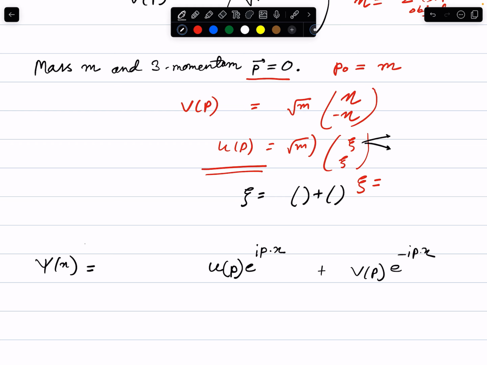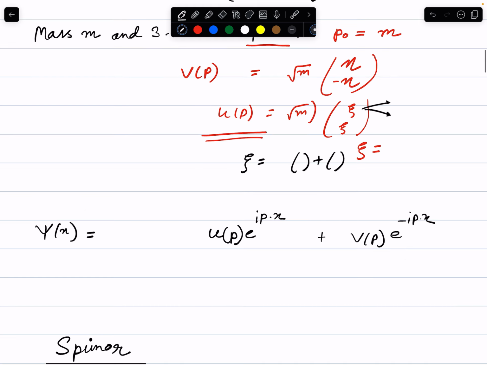So it could be plus half or minus half. So we give here a spin index corresponding to that. So spin, and there's a sum over s, which is plus minus 1. This corresponds to this freedom. When I am specifying u, I can choose xi as any linear combination of these vectors.